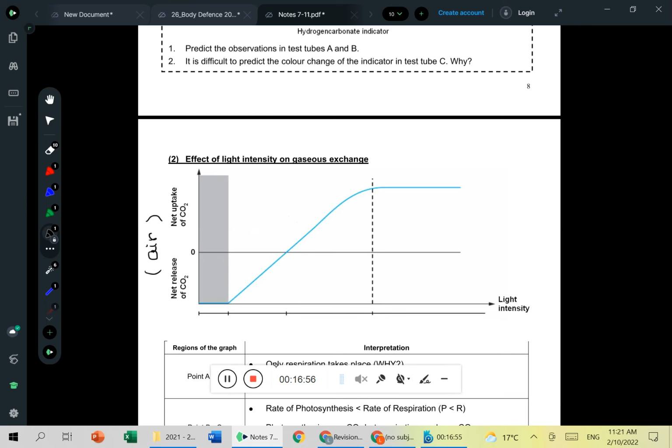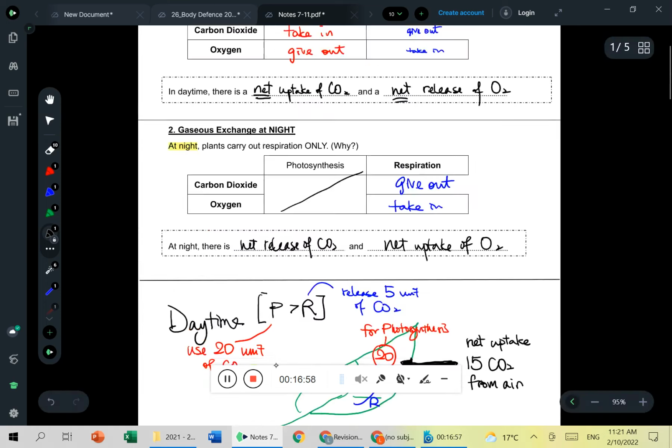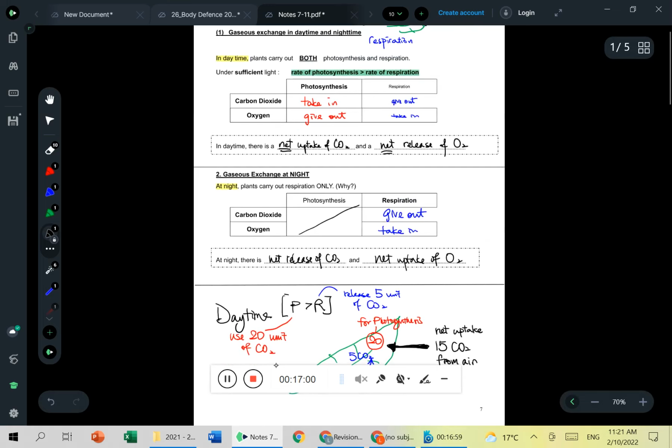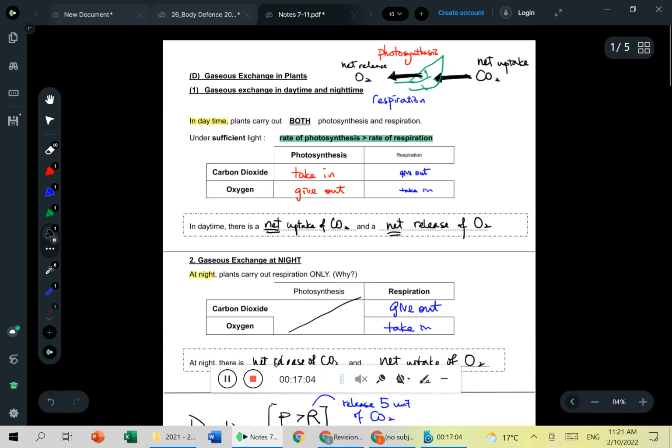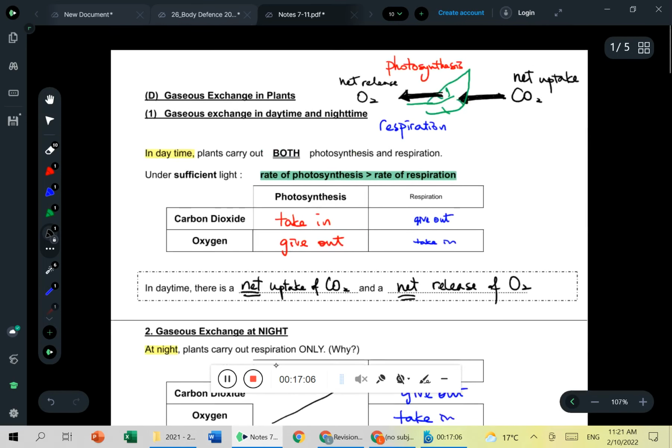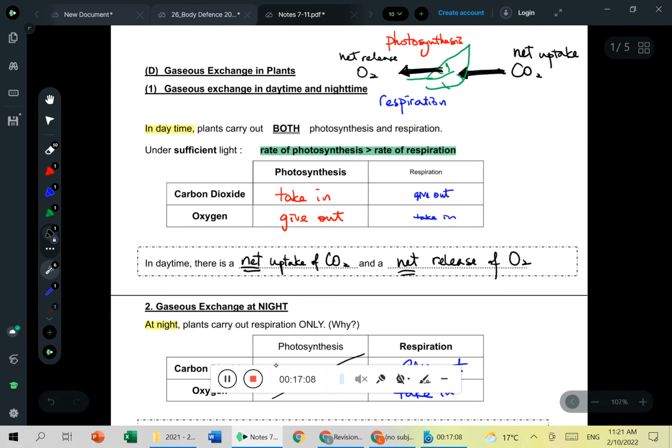So now, I think this is the first part, okay? The first part is to realize that plants' gaseous exchange is more complicated than animals', especially when the plant is doing photosynthesis and respiration together.